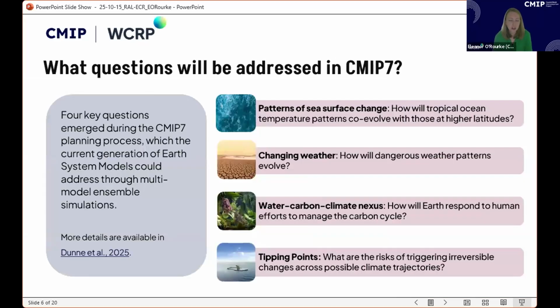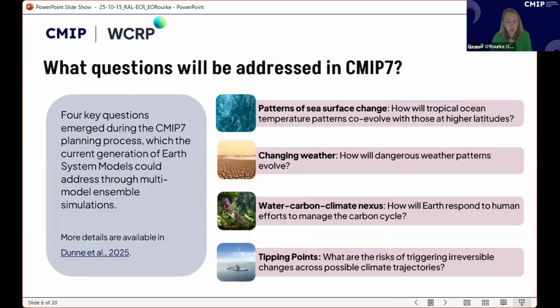The questions that are being addressed in the future phase of CMIP are some of the ones that are really important to understanding our climate now and also how it will look in the future. And that's things like patterns of sea surface change. We have the big ENSO, El Nino type mechanisms, and also how those changes are going to co-evolve with those in the poles.